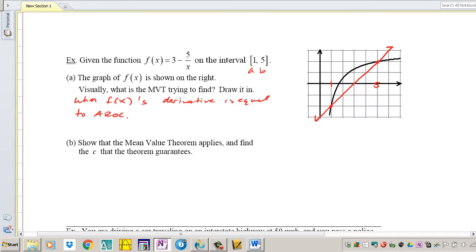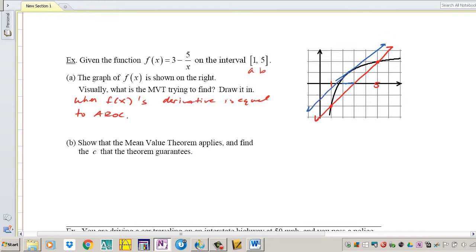Now, what x value do you think the derivative is the same as the average rate of change? I'm thinking maybe somewhere between 2 and 3. So I'm going to say maybe 2.5. Draw it in there.